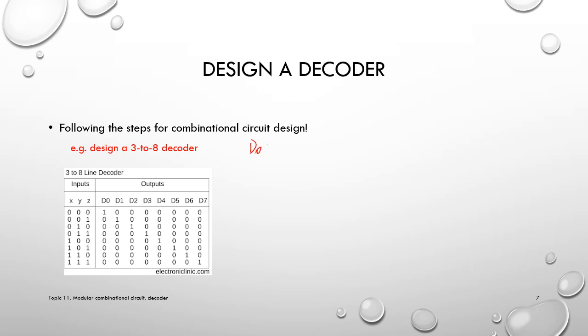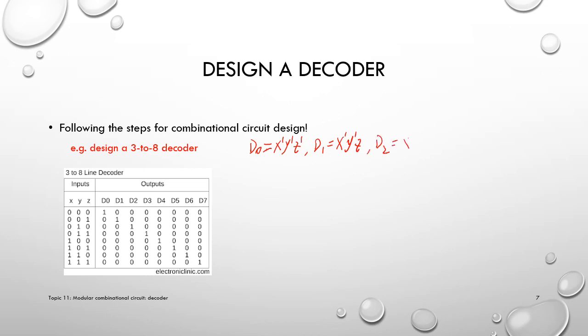For D0, because we only have one case where the output is 1, we don't even need the K-map. We can directly write D0 equal to x'y'z', when x is 0, y is 0, and z is 0. D1 equal to x'y'z, with z equal to 1.